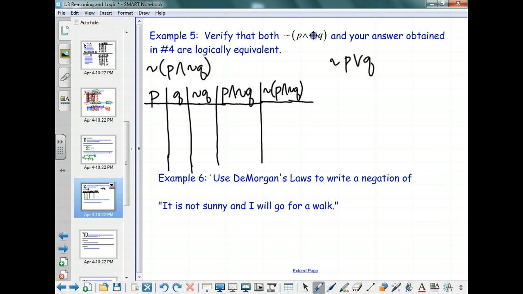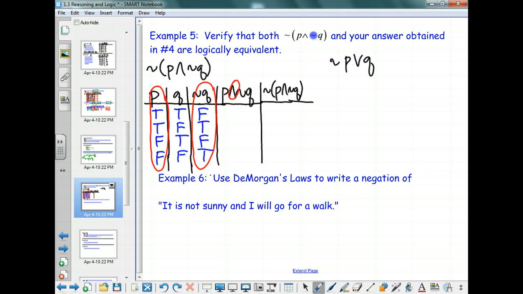What does column P say? True, true, false, false. What does column Q say? Good. All right, what's tilde Q going to say? False, true, false, true. And then it asks me to consider P and tilde Q with what symbol?